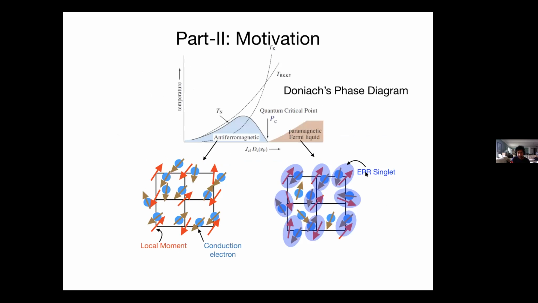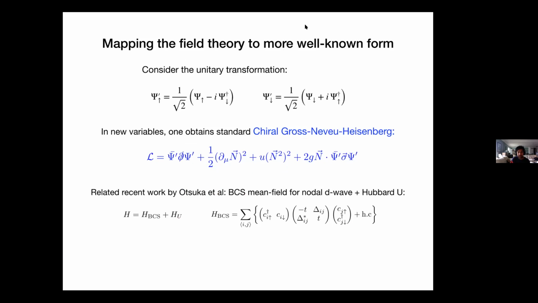There's a recent work which has some relation to our work, which I should mention: this work by Otsuka and collaborators, where they directly looked at a BCS mean field Hamiltonian, which breaks global U(1) explicitly, with a Hubbard U. So this is not a model for a nodal superconductor, because you don't have the U(1) symmetry to begin with; you broke it explicitly.